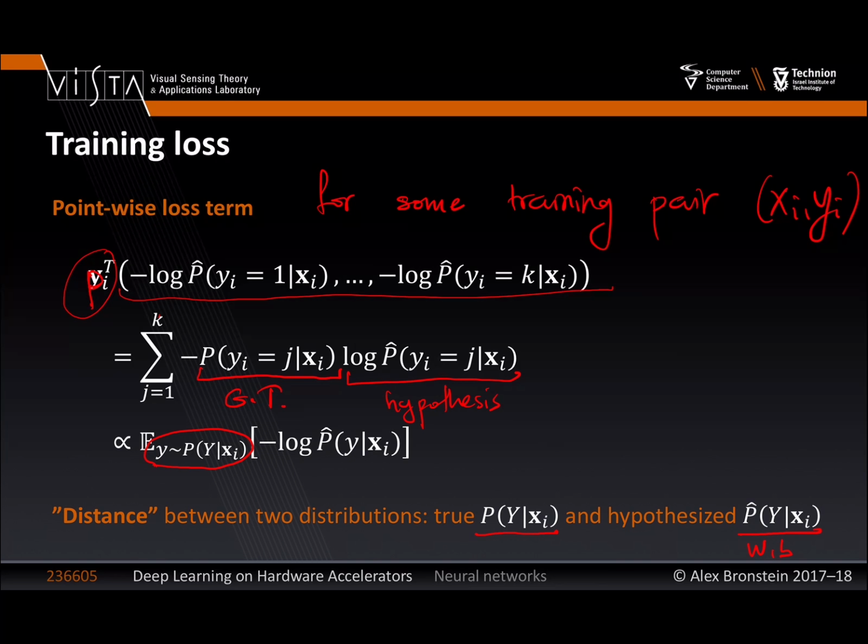So this is another meaning of my maximum likelihood loss, the negative log likelihood loss that I minimize over w and b, summed over all the instances. If I think of this as a distance between two distributions, I would like my hypothesized distribution to be as close as possible to the ground truth distribution from which my training set is sampled.